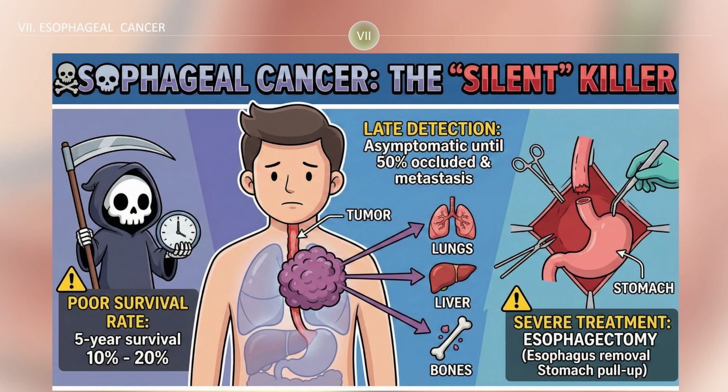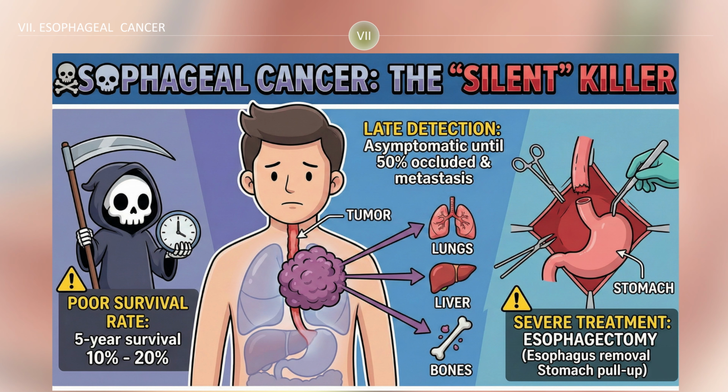So, esophageal cancer stands as a stronger concern due to its high mortality rate and violent causes. Why are those two particularly frightening based on this text?